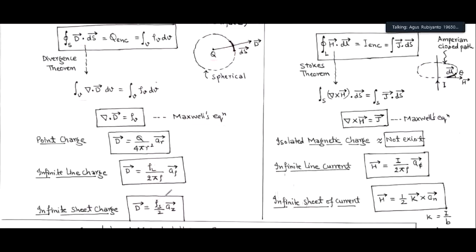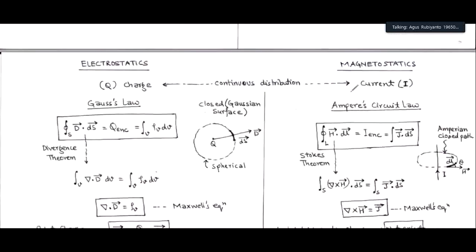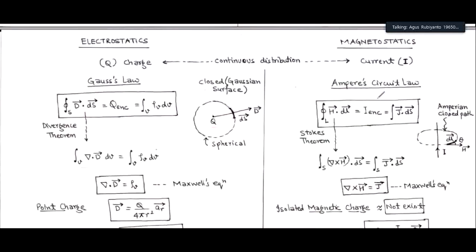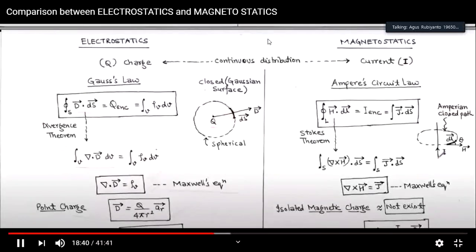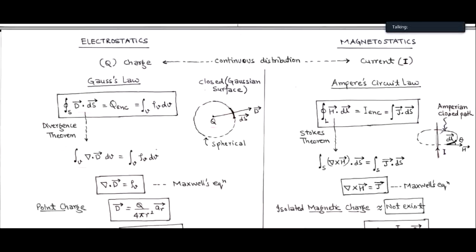And in case of magnetostatics, there is Ampere's circuit law that is used for continuous current distribution, and according to Ampere's circuit law, closed line integration H vector dot dl vector equals current enclosed. Here we consider a conductor which carries a current I. Due to this constant current, there exists a steady magnetic field surrounding this current carrying conductor.